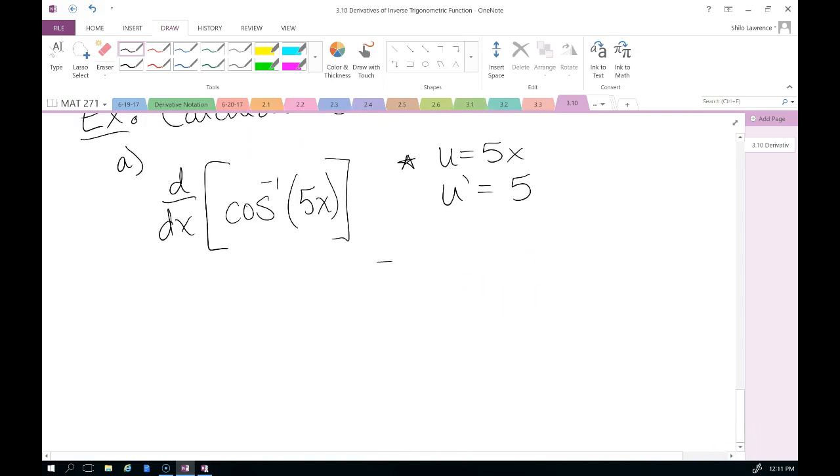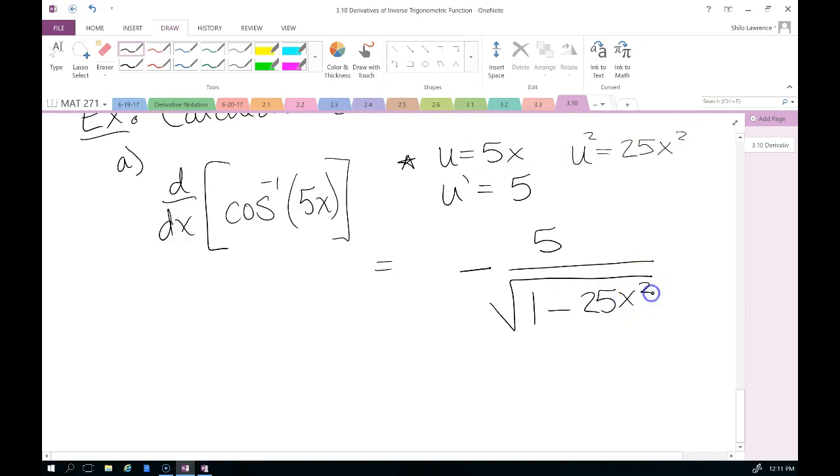So when we do our derivative, cosine inverse is going to be negative u prime over the square root of 1 minus u squared. It might also be beneficial to write out what u squared is going to be. Be careful, because when you square something that's got two factors, both factors are going to be squared. So u squared is actually 25x squared. Both the 5 and the x get squared. So 1 minus 25x squared.